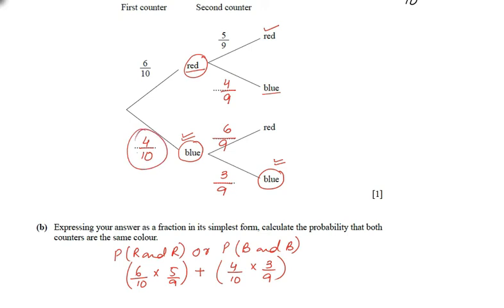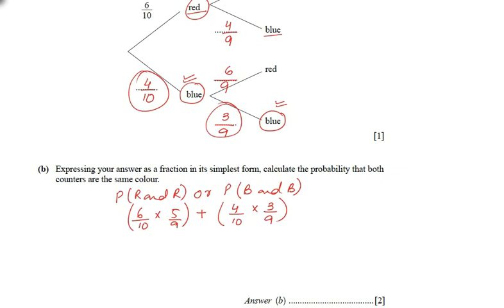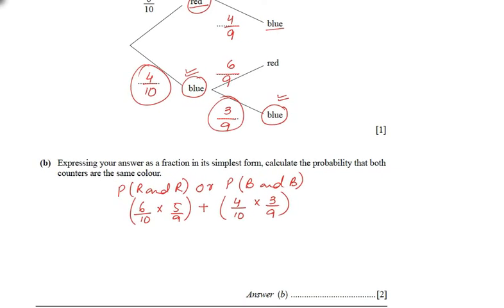Now when we simplify this, 6 times 5 is 30, so 30 upon 90, plus 4 multiplied by 3 is 12 upon 90. Now when we add these two, because we have denominator 90, 30 plus 12 will be 42, so 42 upon 90.